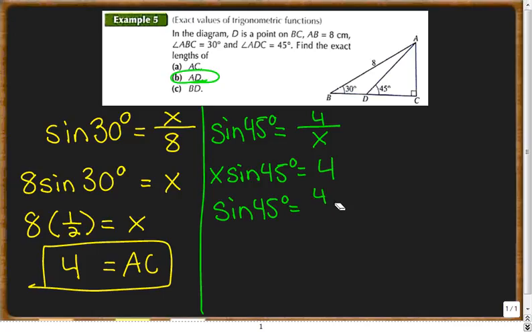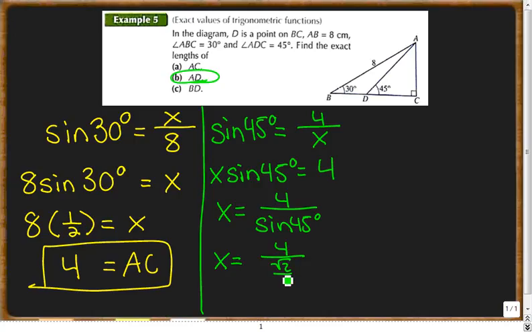Excuse me, I'm losing my mind. We're going to get x equals 4 over the sine of 45. Well, what's the sine of 45 degrees? If you remember from our unit circle, it's the square root of 2 over 2. So we get 4 divided by the square root of 2 over 2.